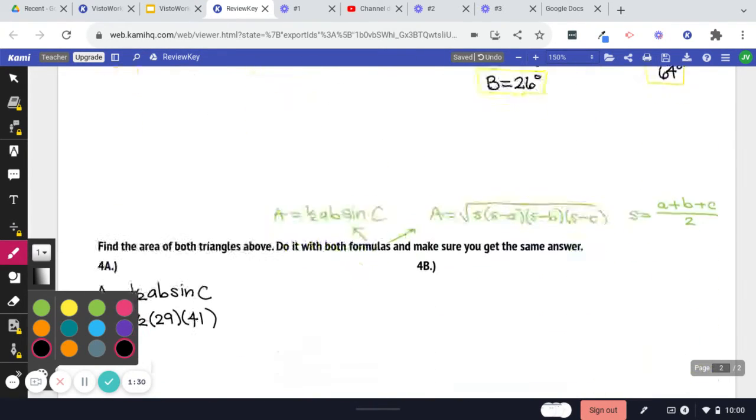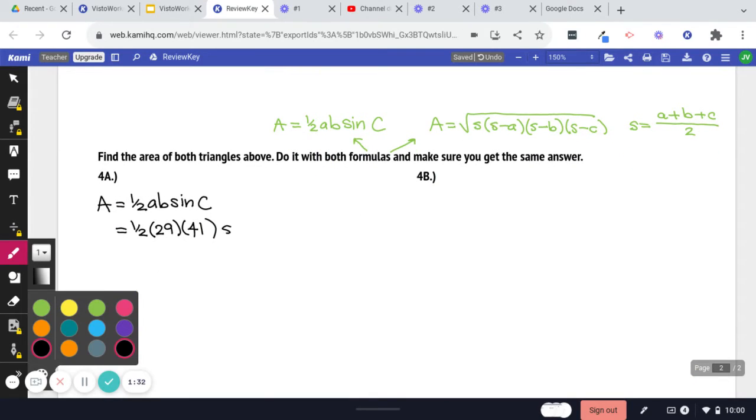Angle C was 35 degrees. So I go to my calculator: 0.5 times 29 times 41 times sine 35. And I get about 340.99, so I'm just going to say 341.